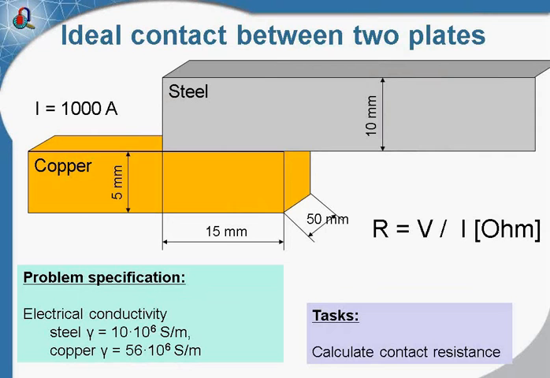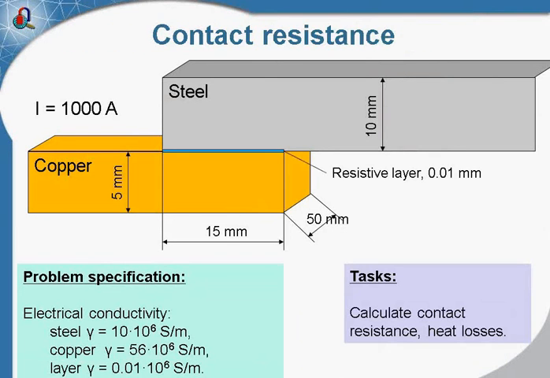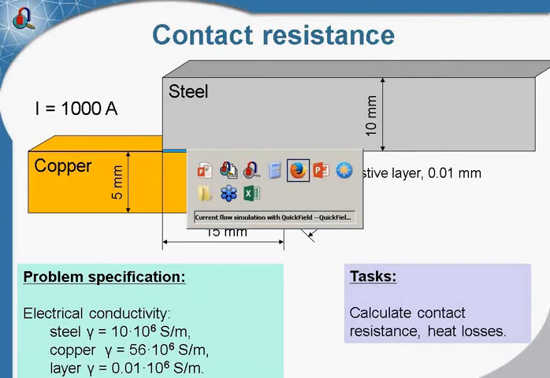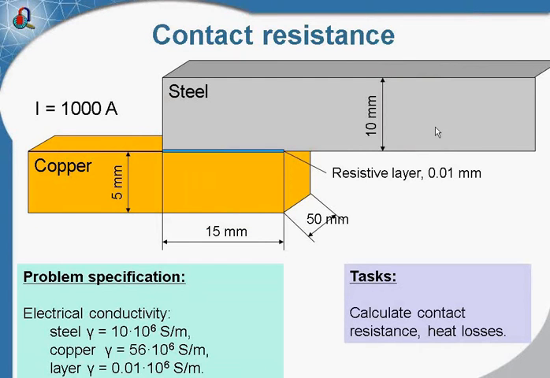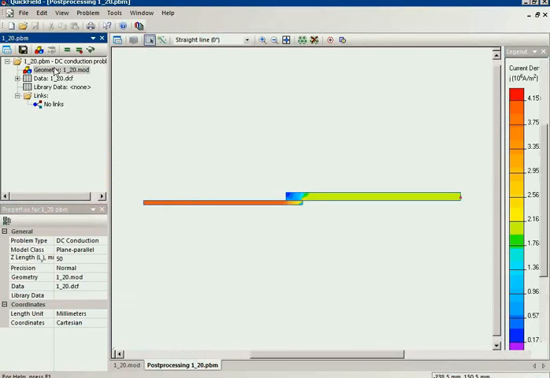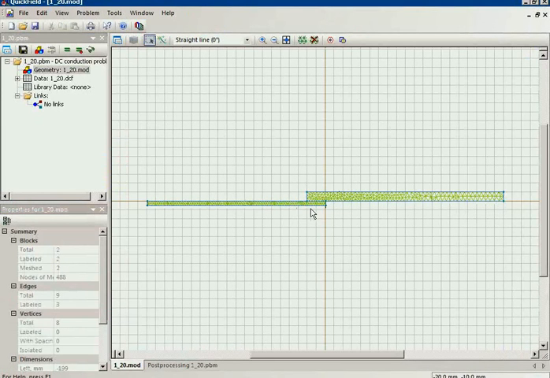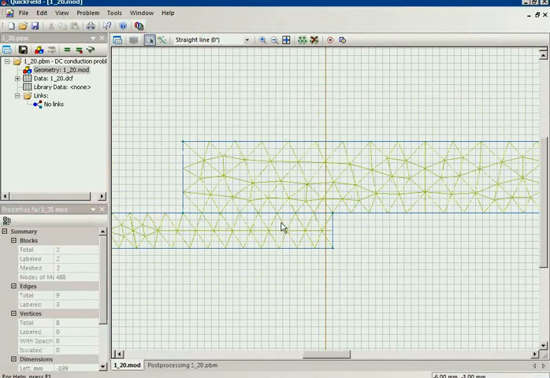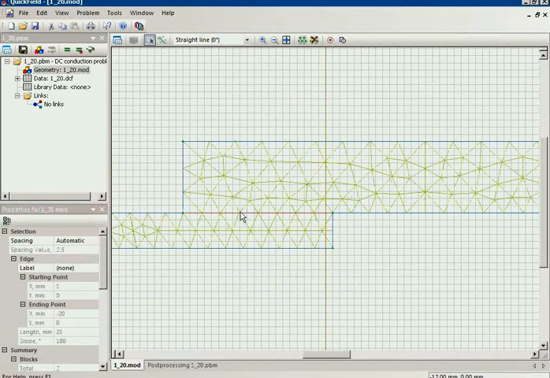Now this was the ideal contact between two plates. But what will happen if we have the resistance layer here? Let's simulate this case and calculate the contact resistance. I will choose this base problem. This is the ideal contact.